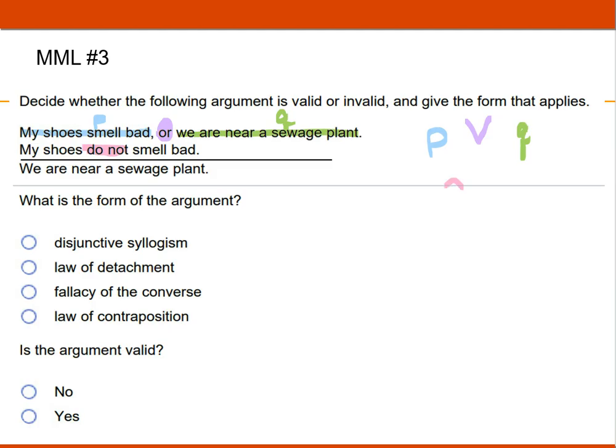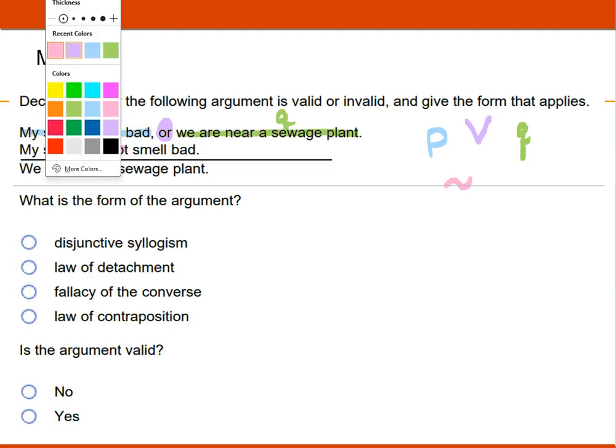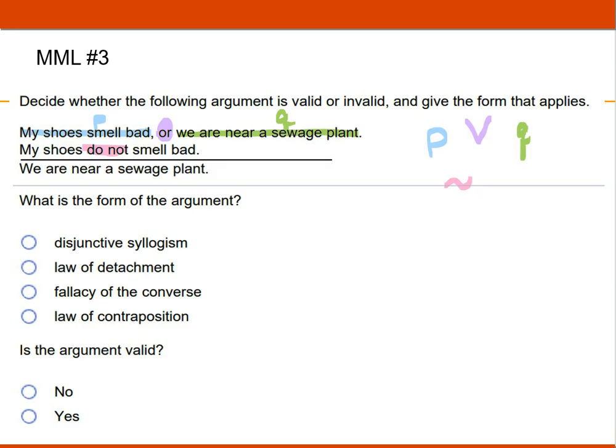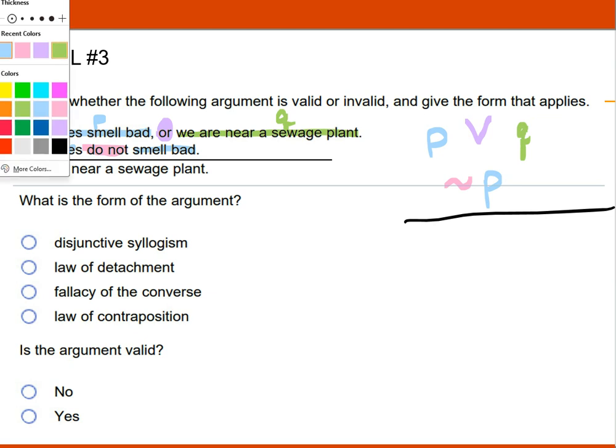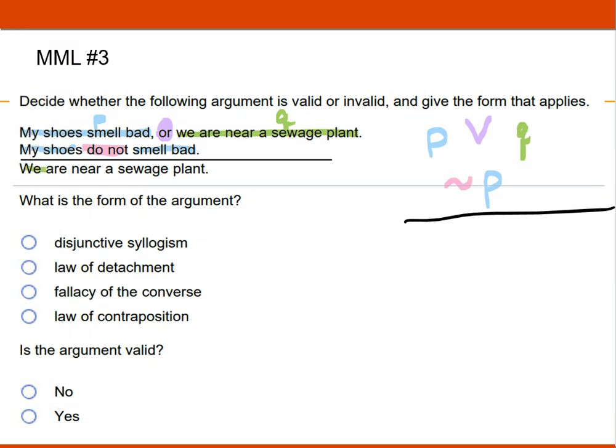So the do not would be a negation of my shoes smell bad, which is P. And then we've got the separation. And then the last line says we are near a sewage plant. They didn't make any negation on that. We are near a sewage plant. That is Q.